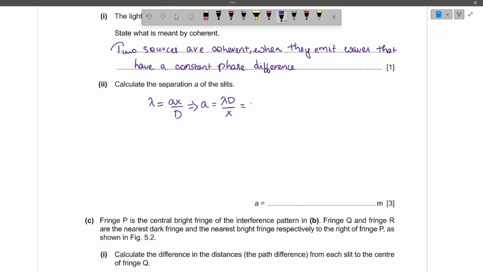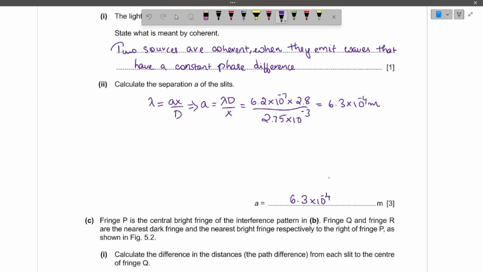Substitute the values: 6.2 times 10 to the power minus 7 multiplied by 2.8 divided by 2.75 multiplied by 10 to the power minus 3. So the value of a would be 6.3 times 10 to the power minus 4 meter. This would be the slit separation.